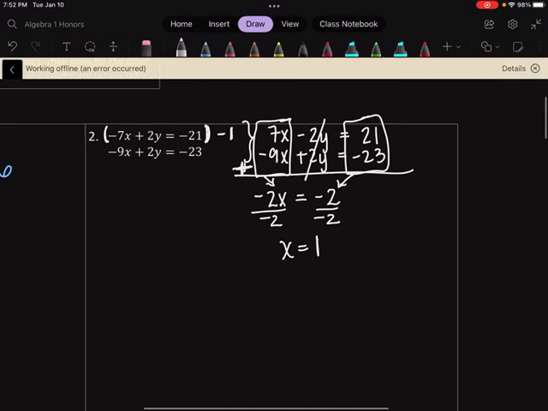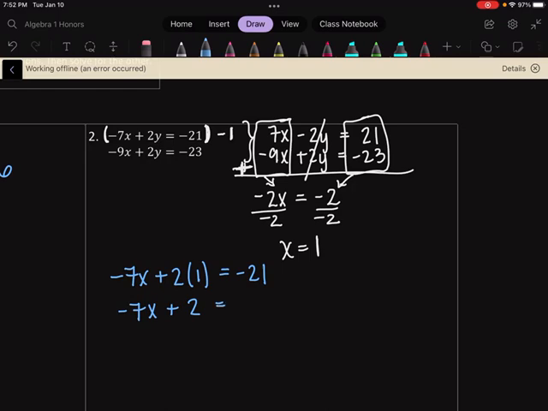All right, but I need to still find my y. So I'm going to plug it into either one as well. They're both kind of funky. But negative 7x plus 2 times 1 is equal to negative 21. And then I have negative 7x plus 2 is equal to negative 21.